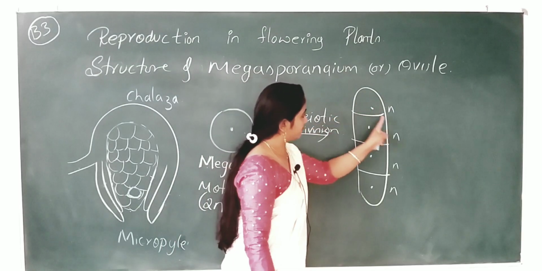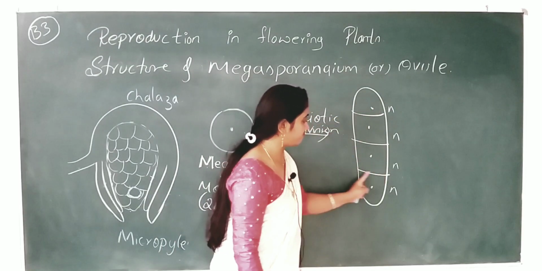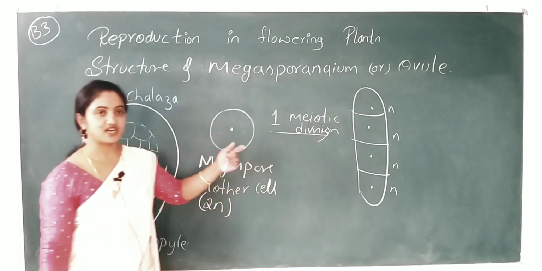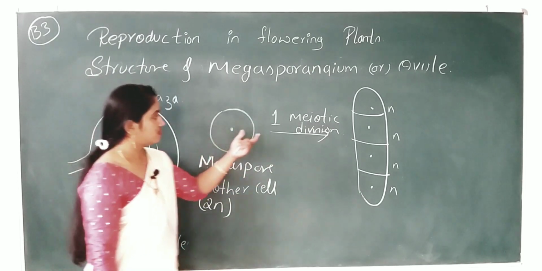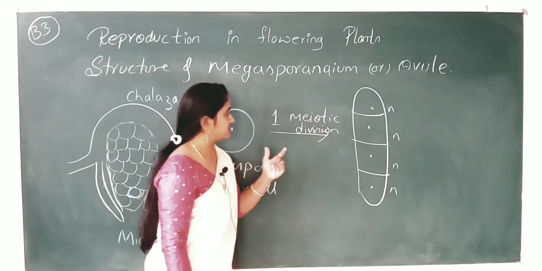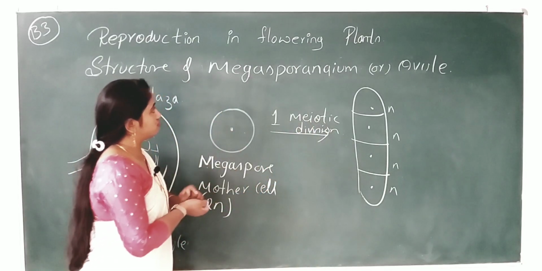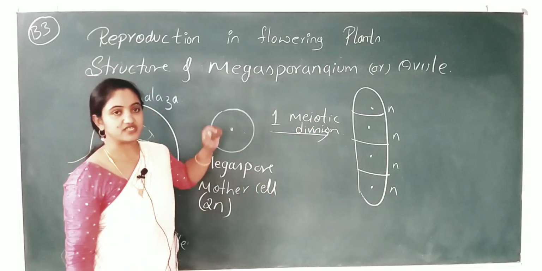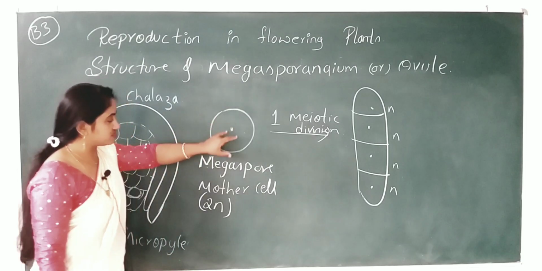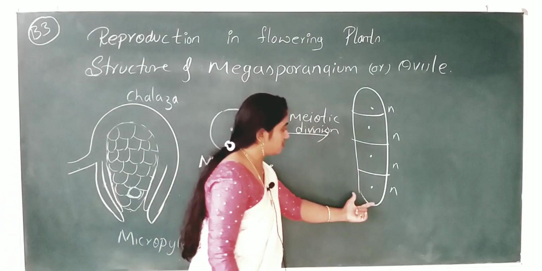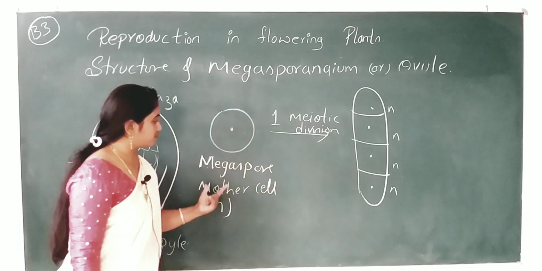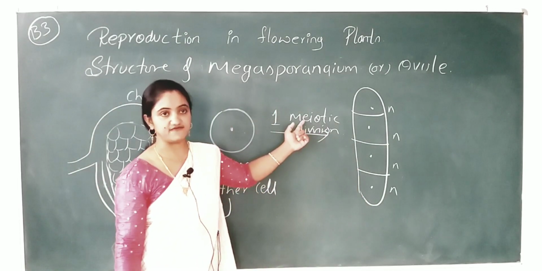One cell, one more, a third one, a fourth one. Where are they coming from? They come from the megaspore mother cell through meiotic division. The process is known as megasporogenesis, the process of formation of megaspores from the megaspore mother cell through meiotic division.